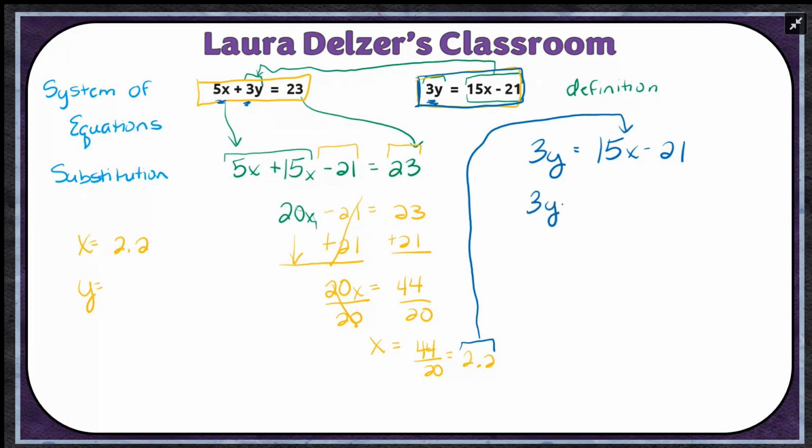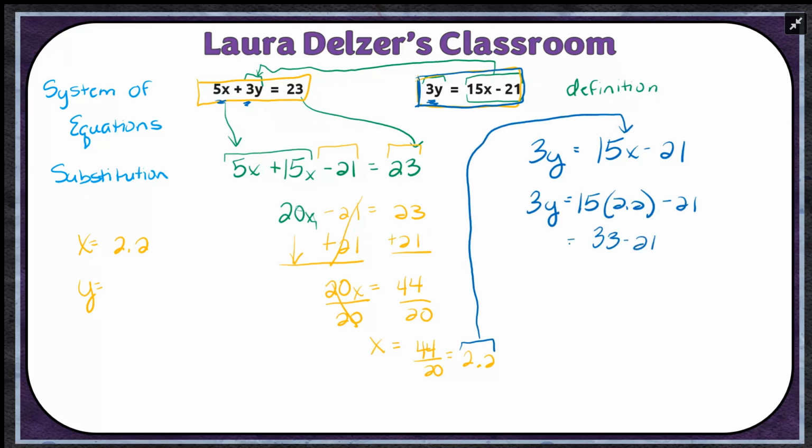So I get 3y equals 15 times 2.2 minus 21. And so we need to figure out what 15 times 2.2 is. 15 times 2.2 is 33.